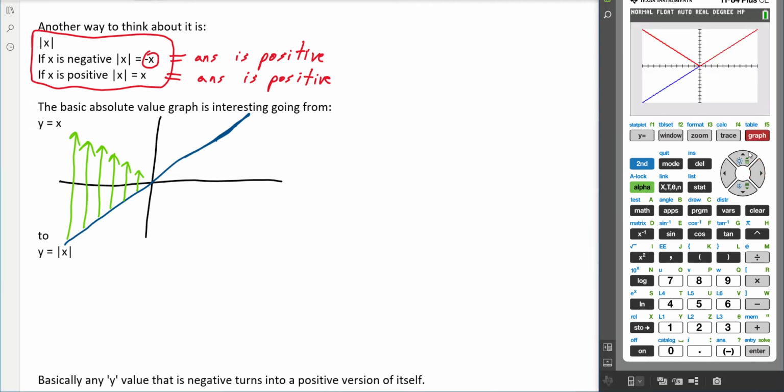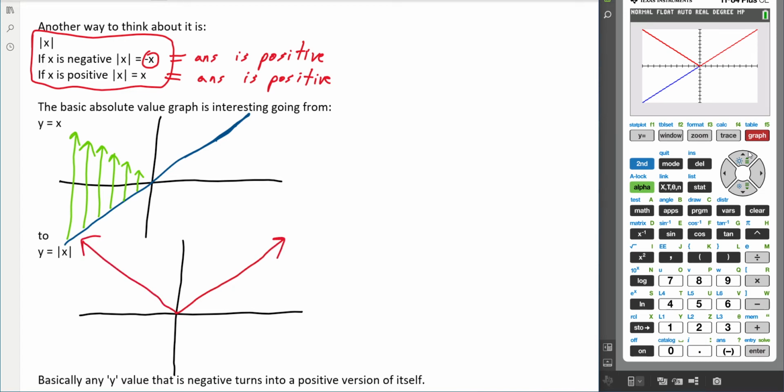So that is a basic absolute value graph. So it goes like that, and it goes like that. See, notice here that the positive side hasn't changed at all.